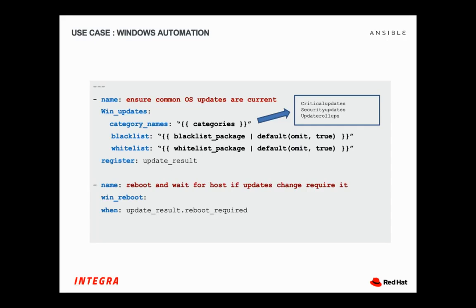As you all know, if you are a Windows administrator, some updates need a reboot. So the next module that we are going to use is win_reboot. That would help you to reboot if you require a reboot.